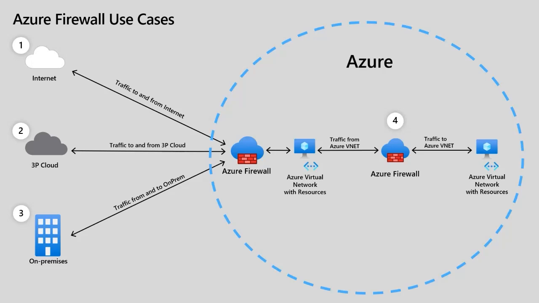And then all the traffic coming from on-premises to Azure is going to be inspected by Azure Firewall. So we can have the Azure Firewall in a hub VNet, where all the traffic coming from on-premises or, like I said, internet or third-party clouds would be inspected. And once the Azure Firewall inspects the traffic, it will be sent to the other networks on Azure.